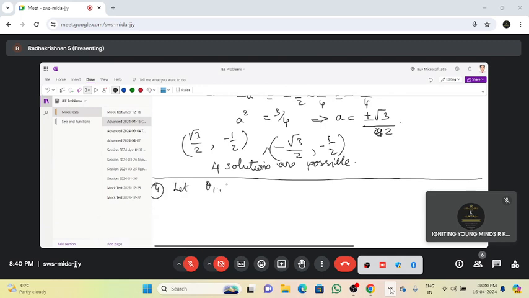Let theta 1, theta 2 up to theta 10 be positive valued angles so that they all add up to 2 pi.